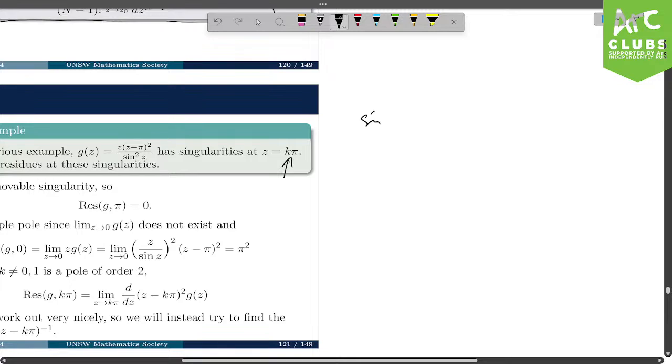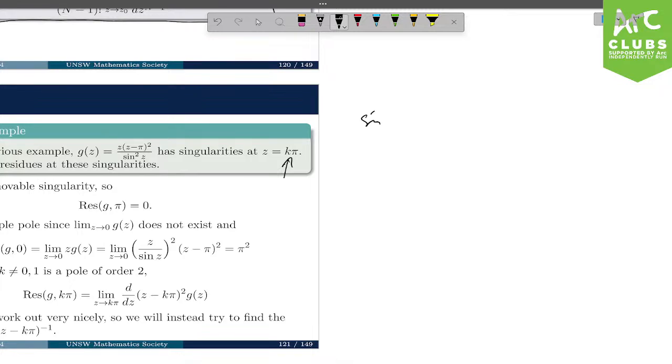Now, when we count degrees of sine and its zeros, we can consider z over sine of z as z goes to 0. We formally acknowledge that as z goes to 0, this goes to 1.